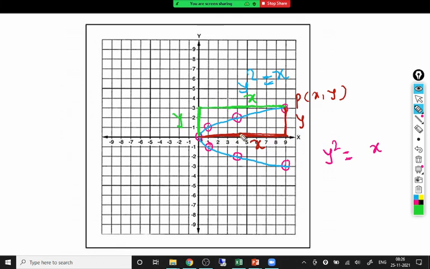When we move on the boundary of a rectangle, we can get any point P of xy. Because of that, the Cartesian coordinate system is also known as the rectangular coordinate system.